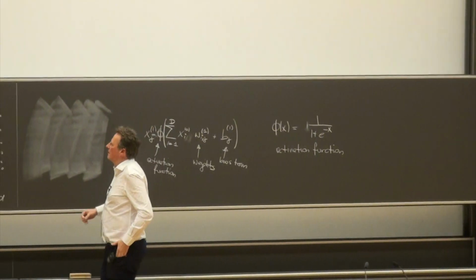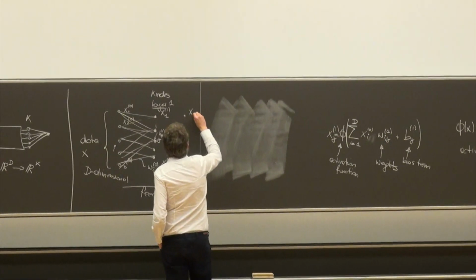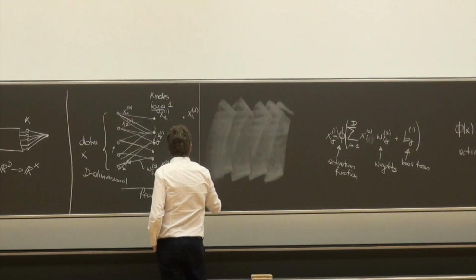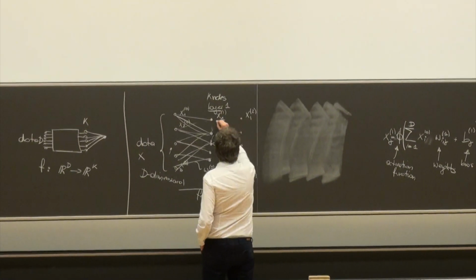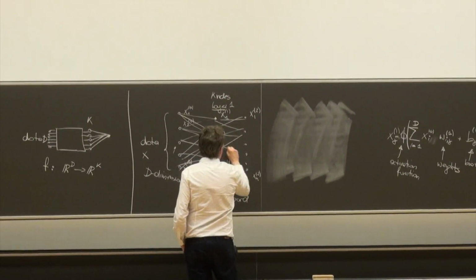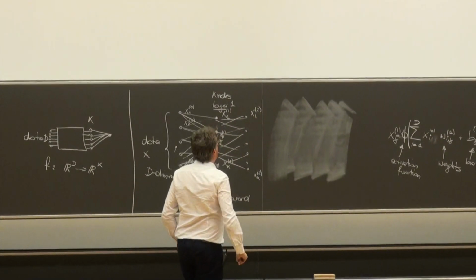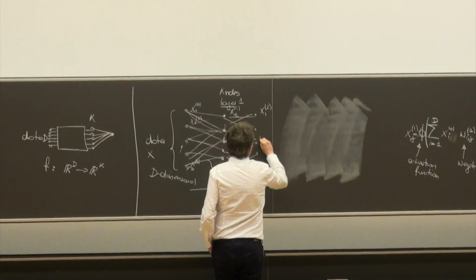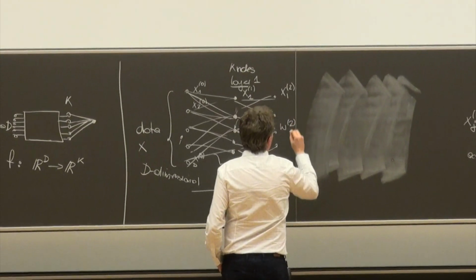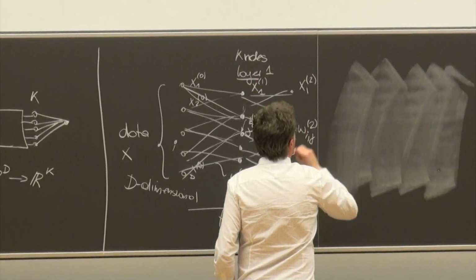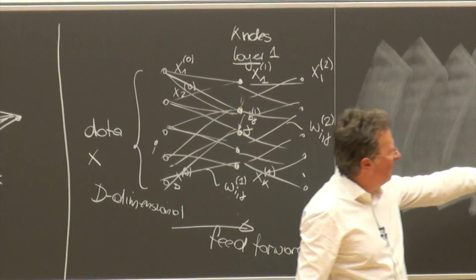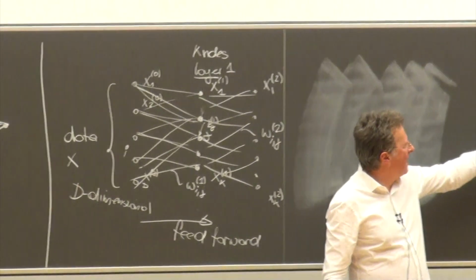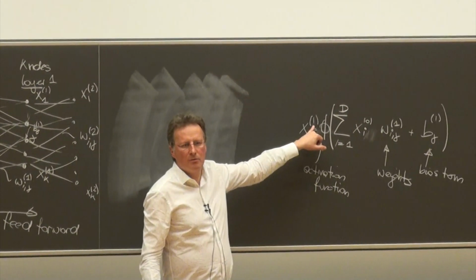So you have here the second layer, x1 of the second layer up to xk of the second layer, again with a fully connected matrix and weights going to layer 2. And again, the description is exactly the same as you have here, just now with the index being 2.